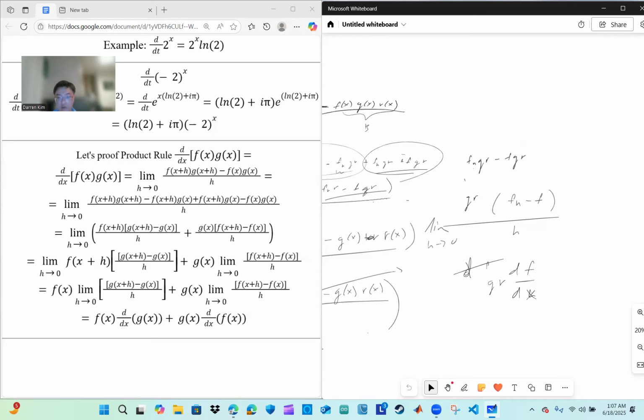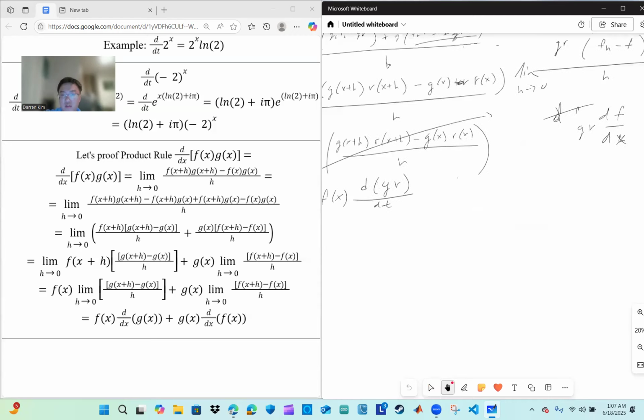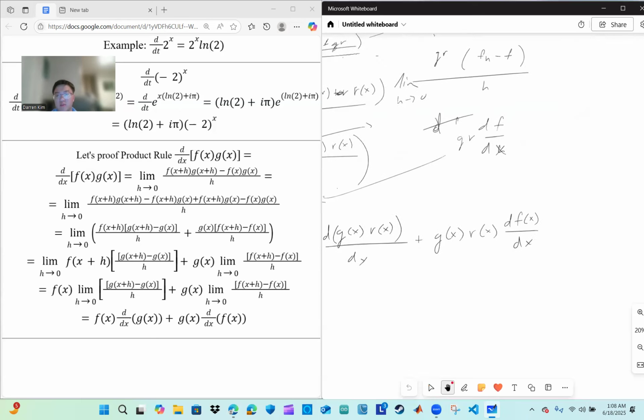So over here, if I plug this back into here, I have f(x) times d(g(x) r(x))/dx, and this is supposed to be x. And then plus g(x) r(x) times df(x)/dx. There we go. That makes perfect sense.